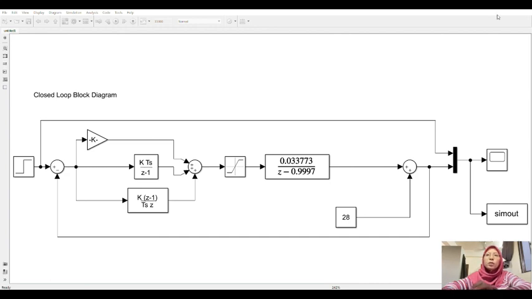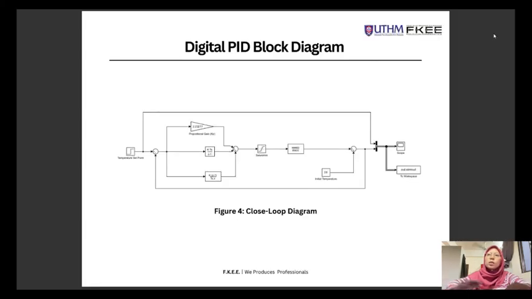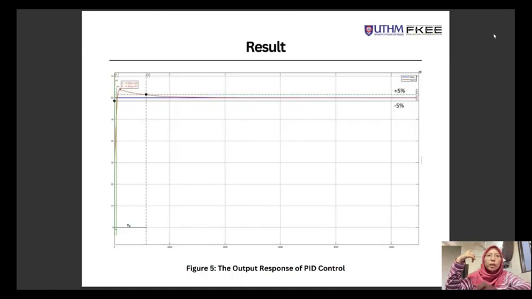So next we will continue our slide. This one I have not shown, which is the positive 5% and negative 5% as the band range.